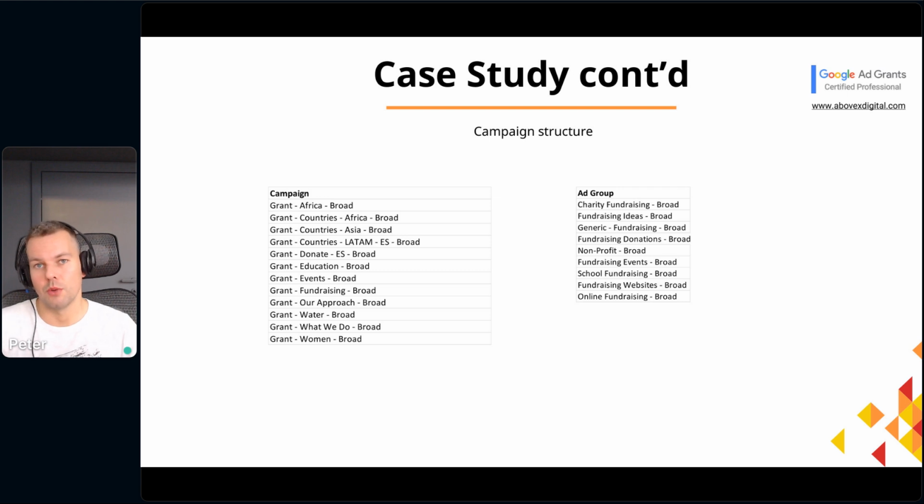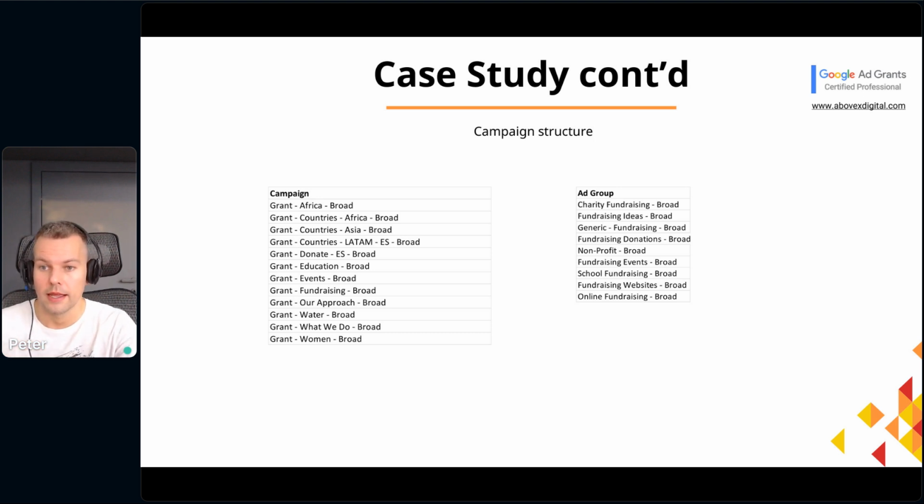This is the campaign structure that we used for them last year in the grant account. So you can see that we looked at how we can promote their programs and also fundraising keywords from different angles, right? They work in different countries like Africa, Latin America, Asia, etc. So we created campaigns for each one of these countries. And then we created a dedicated donation campaign in English and Spanish.